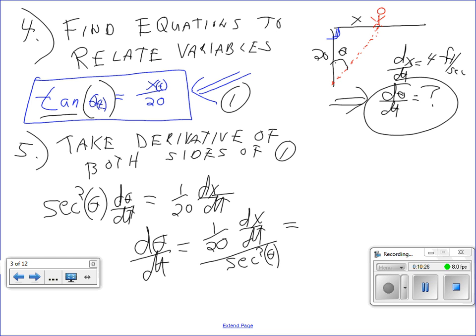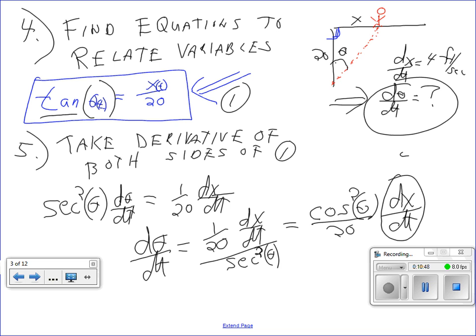We know 1 over the secant squared of theta is the cosine squared of theta. So it's going to be cosine squared of theta over 20 times dx/dt.